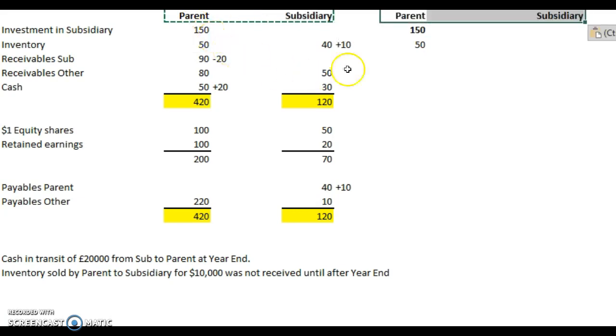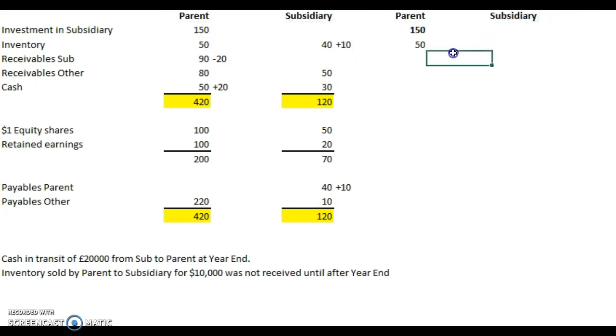So this is the adjusted figures. 150, 50. So we've got 90 minus 20, plus 90 minus 20 is 70. This is just 80. This is plus 50 plus 20. And if all has gone well, this should still be 420, which it is.